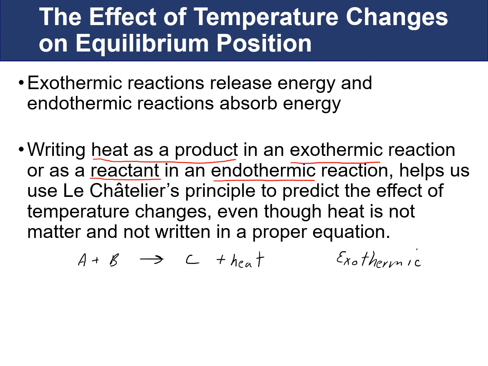And the way that you increase the temperature is by adding heat. So if we have an exothermic process and we're adding heat, then the reaction needs to go in such a way to reduce the heat or reduce the temperature. So it will go back towards the reactant side. The reaction will proceed back towards the reactants.